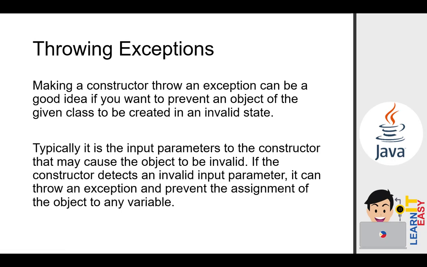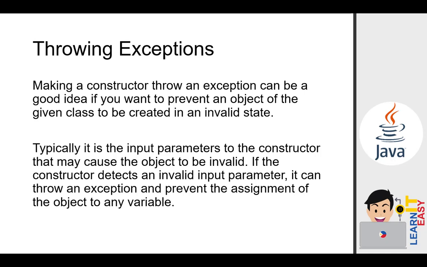Making a constructor throw an exception can be a good idea if you want to prevent an object of the given class from being created in an invalid state. Typically, it is the input parameters to the constructor that may cause the object to be invalid. If the constructor detects an invalid input parameter, then it can throw an exception and prevent the assignment of the object to any variable.